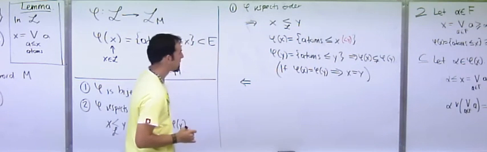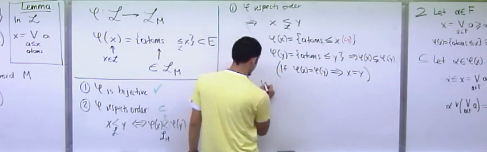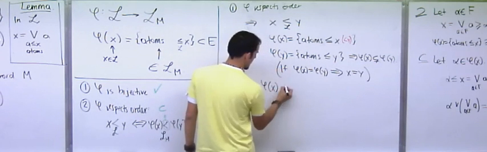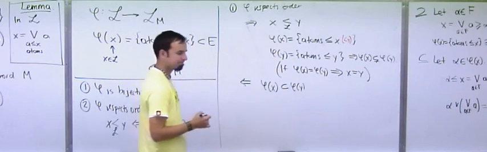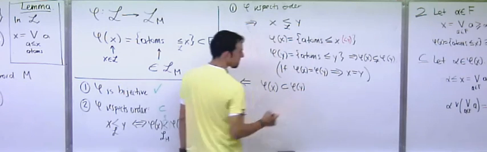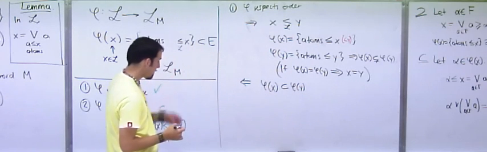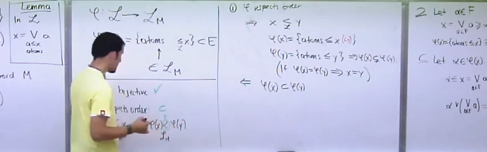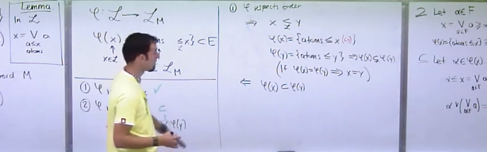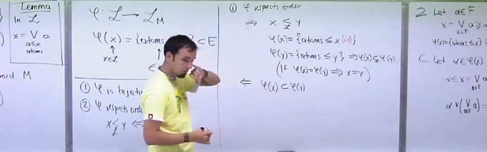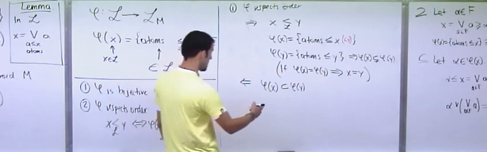So that's one. And now let's assume that phi of x is contained in phi of y. And now I want to conclude that x is less than y in my lattice. But I'm going to just do the same argument that I used for injectivity.